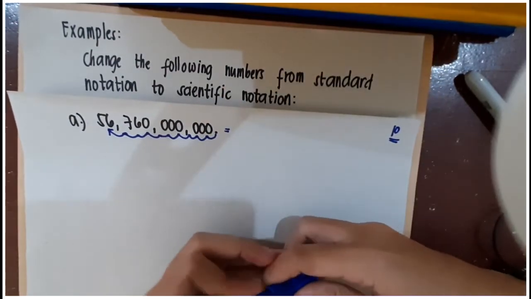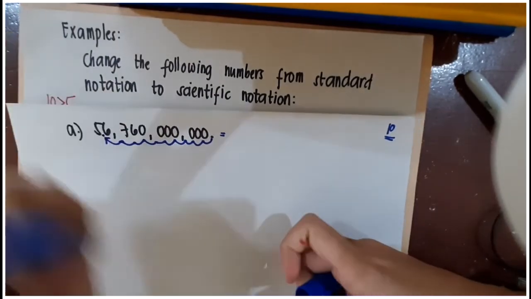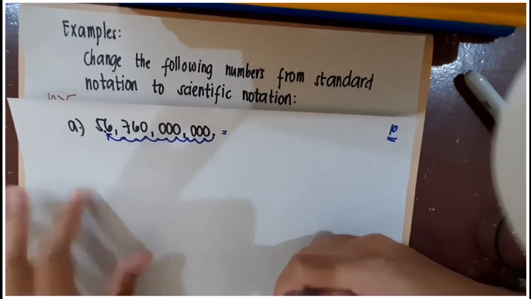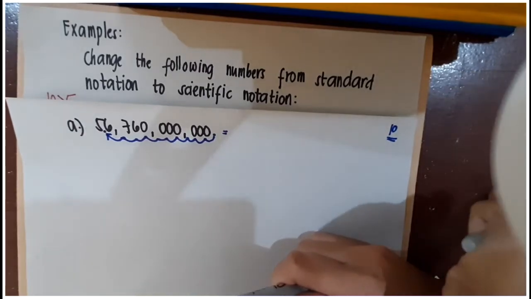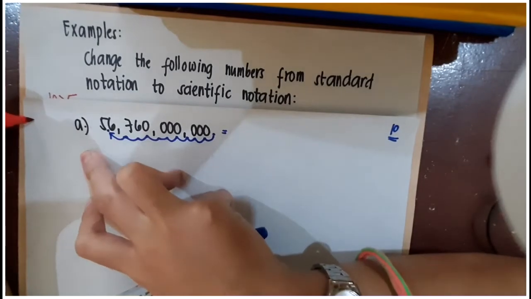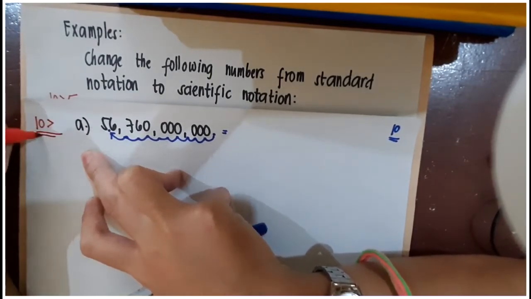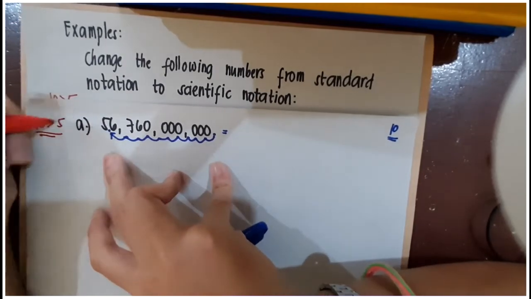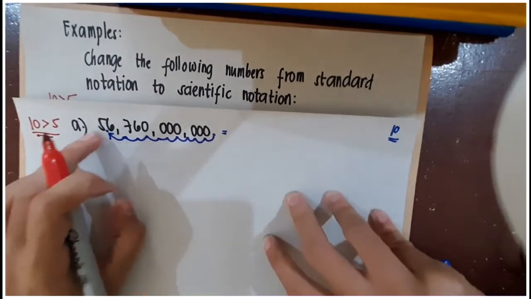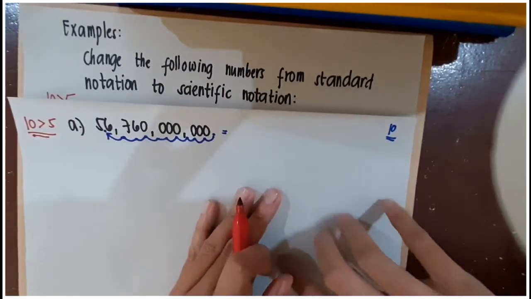And then why did we stop after the number 5? It is because in writing scientific notation, your number must be less than 10. Since 5 is less than 10, you have your 5 point and then the rest of the numbers.